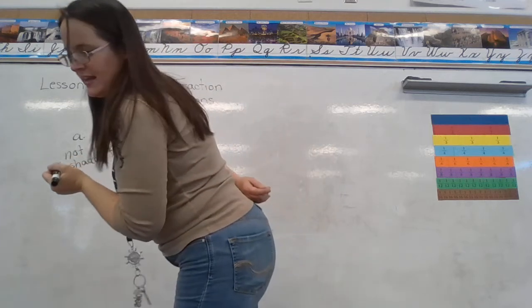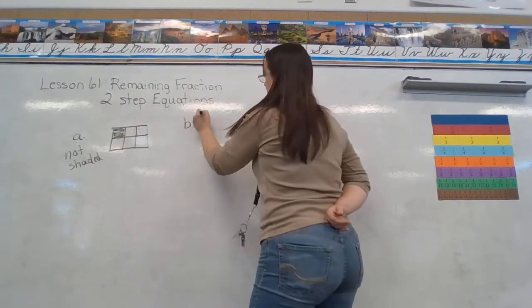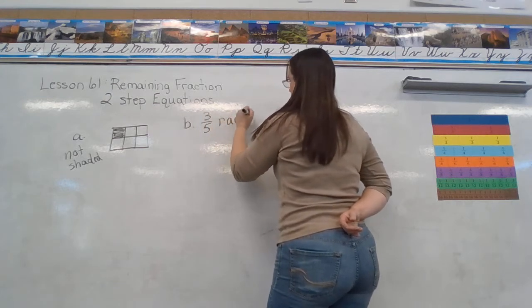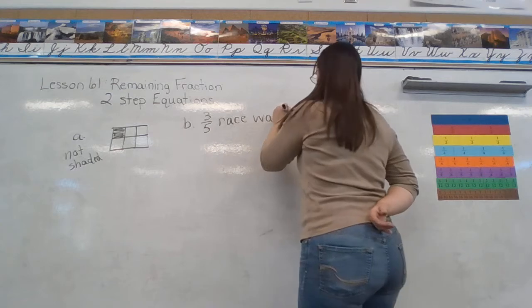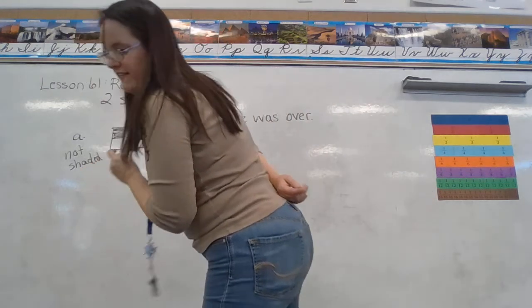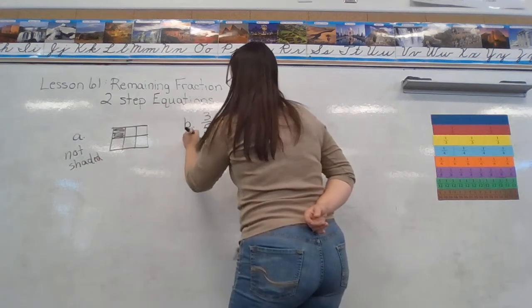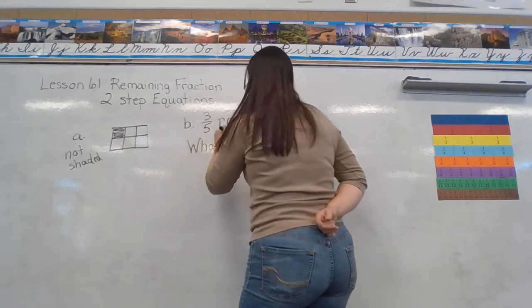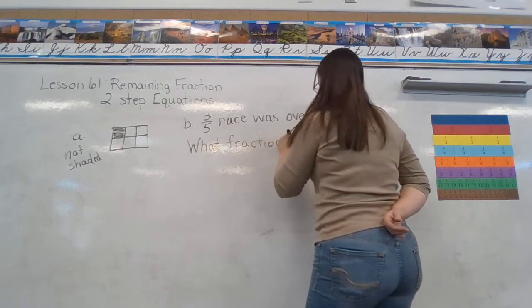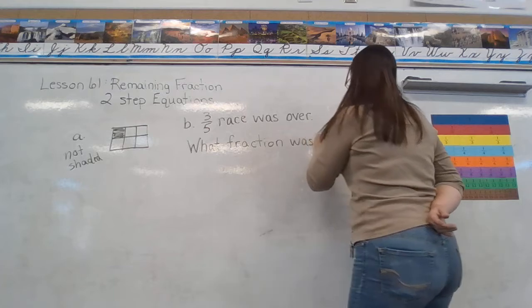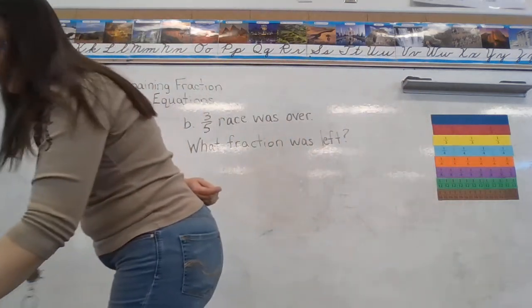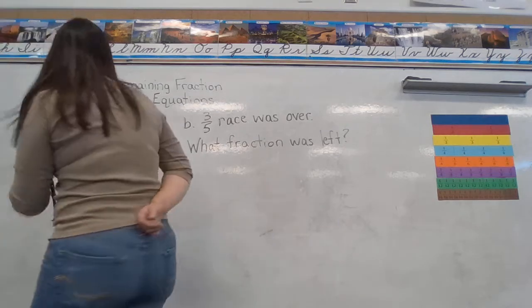B says 3/5 of the race was over. What fraction was left?